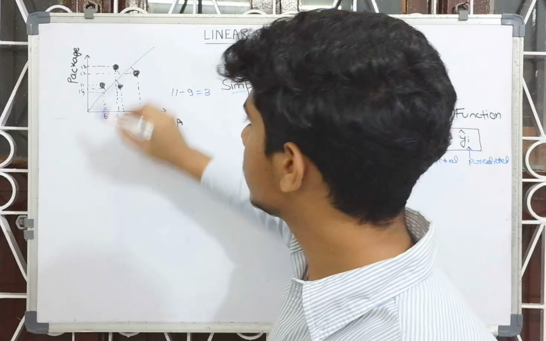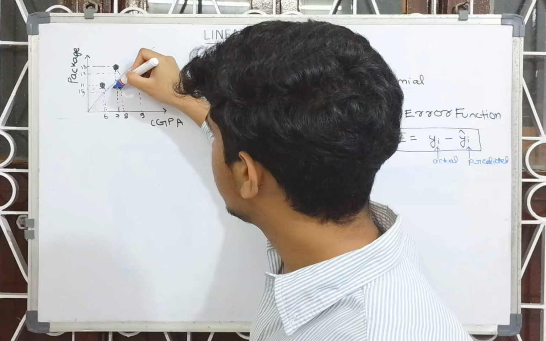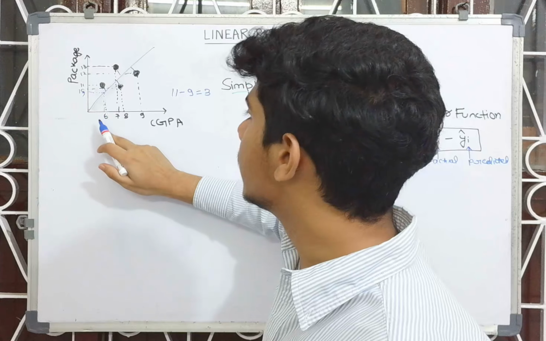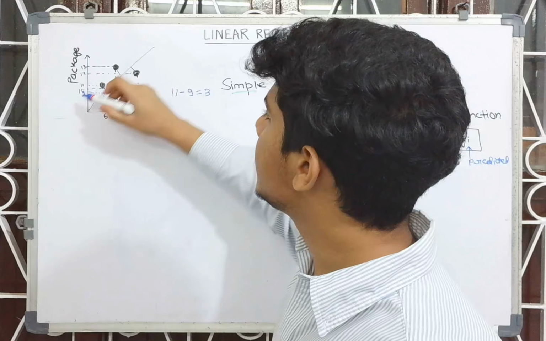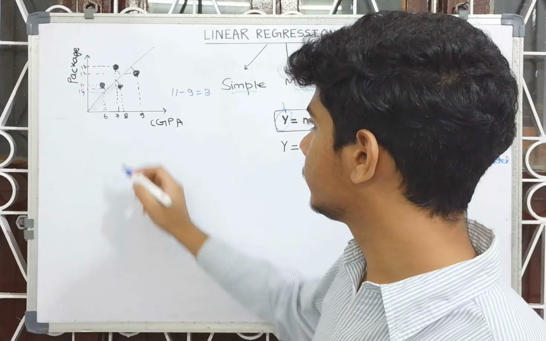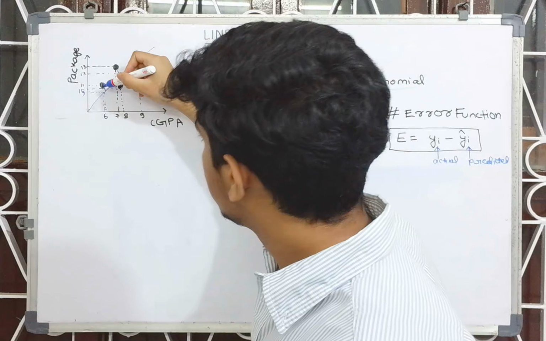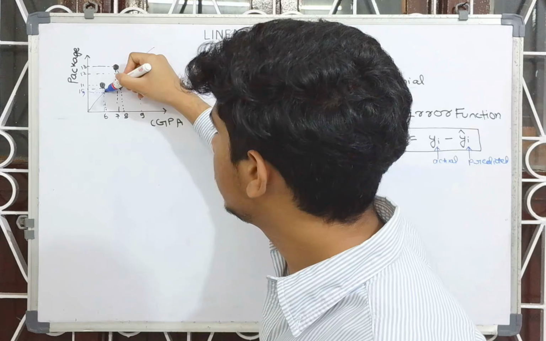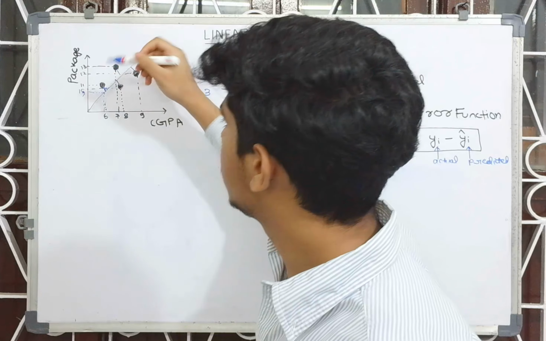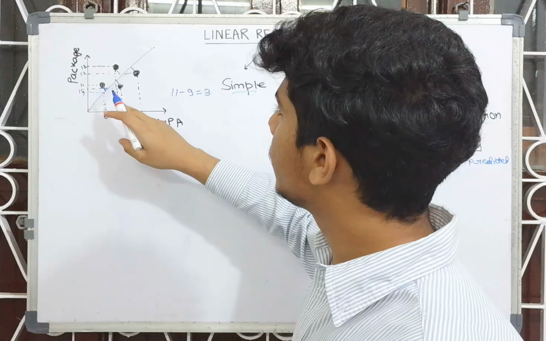But according to us, this student with 6 CGPA should get 9 LPA. So the distance from this line to this point perpendicular is the error we can get.